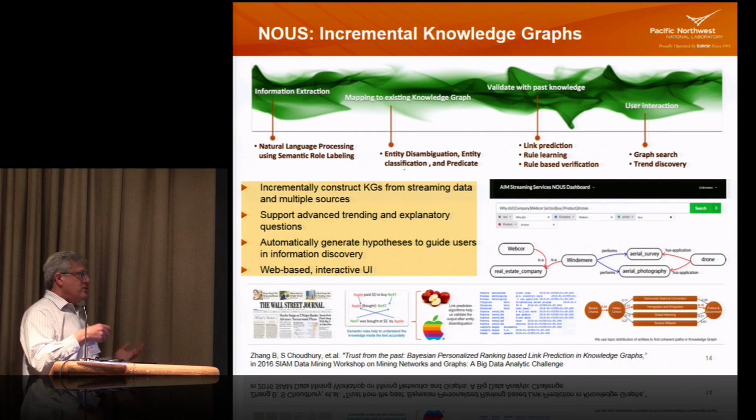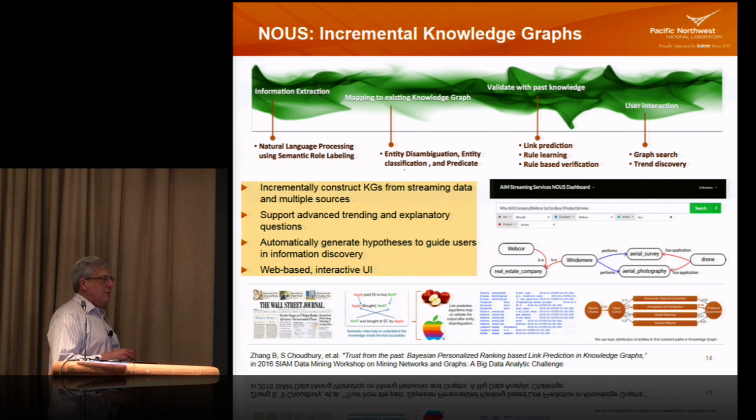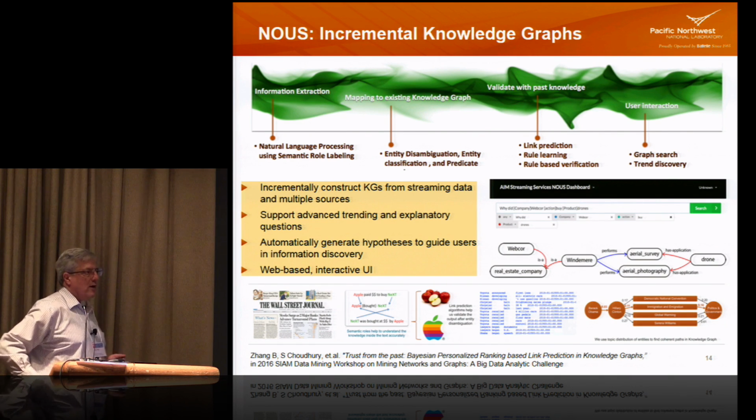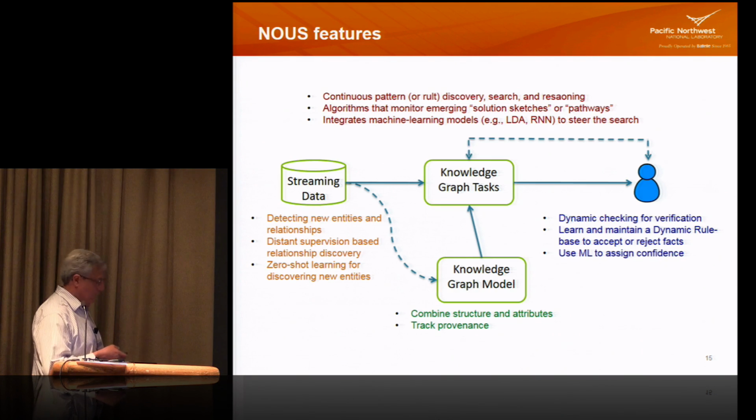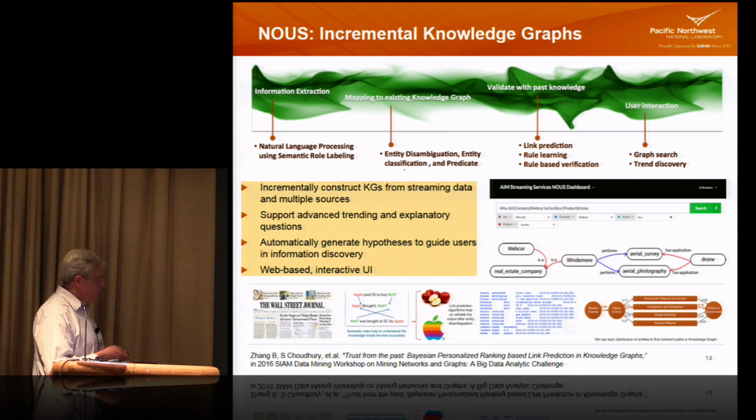Okay, so then on top of GEMS, so that's nice. Now we can do some searches and queries, but really people are interested in knowledge graphs and the ability to do much more complex workflows. So we have another project at PNNL which has developed a knowledge graph platform called NOUS, and this starts with ingestion of either Wikipedia pages or plain text.